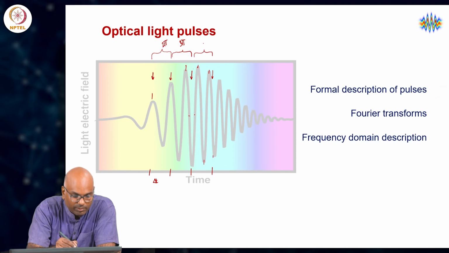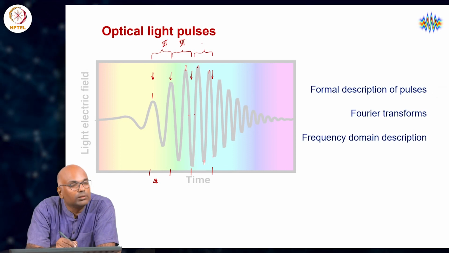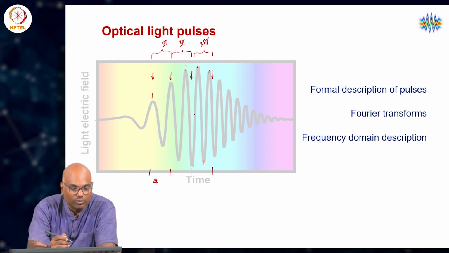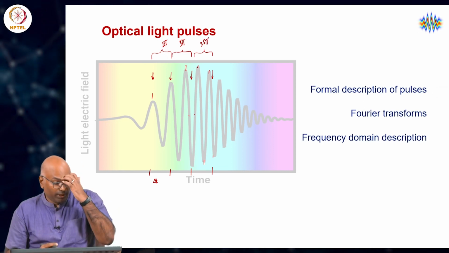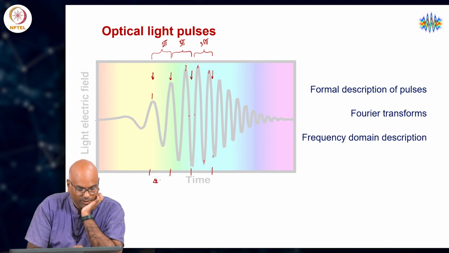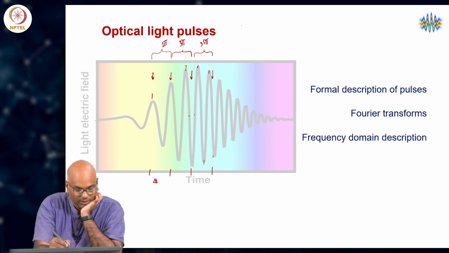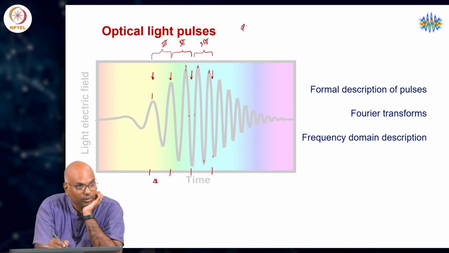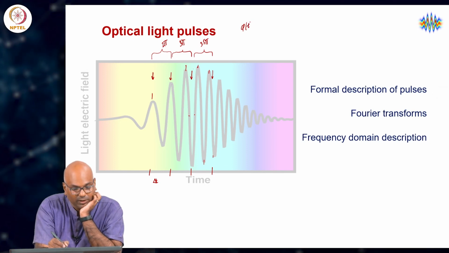approximately now it may be something like 3.5 pi or so. Okay, so the whole point is that now you can say that the phase, phi, is a function of t.